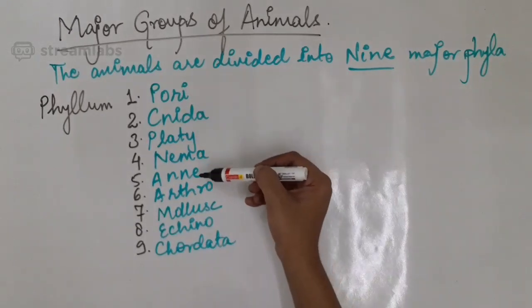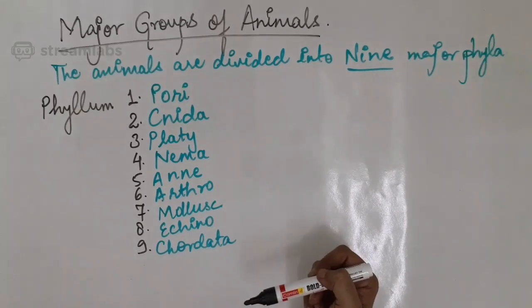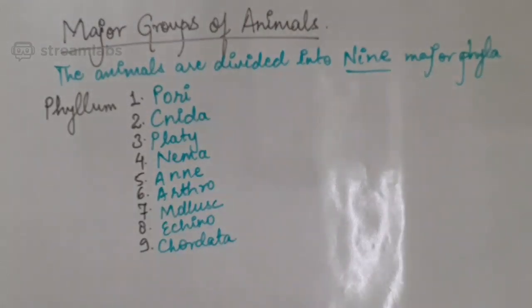Porinidae Platinema, Ane-arthro-mollusk echino. These are the phylums.